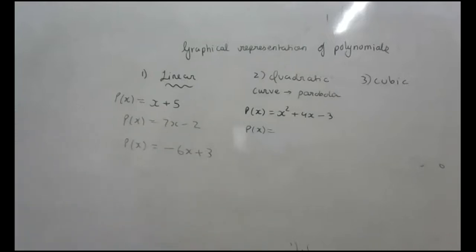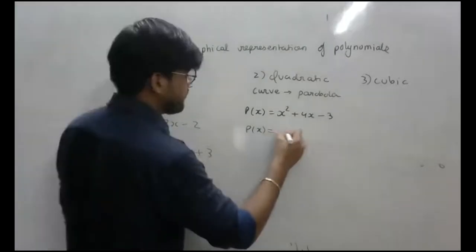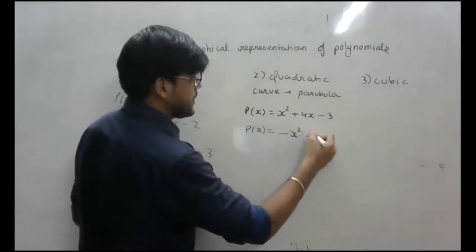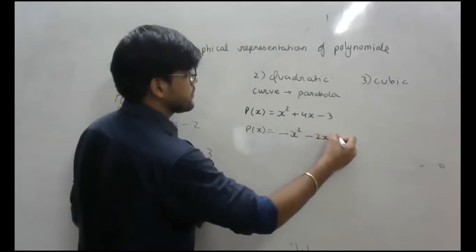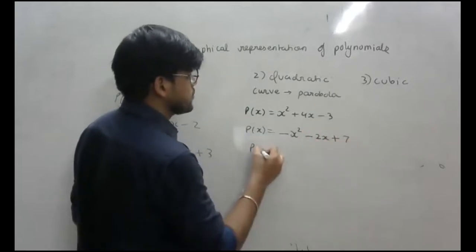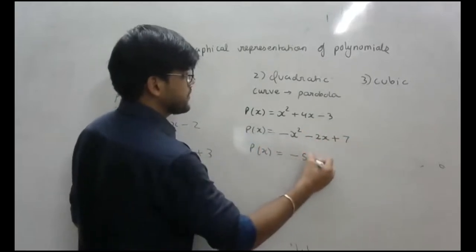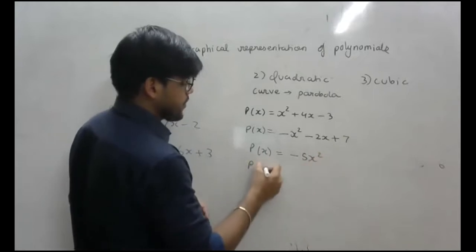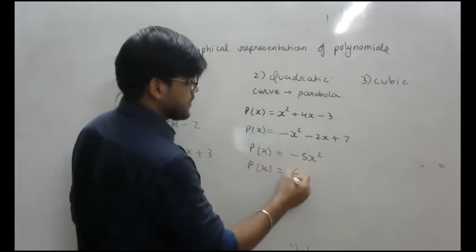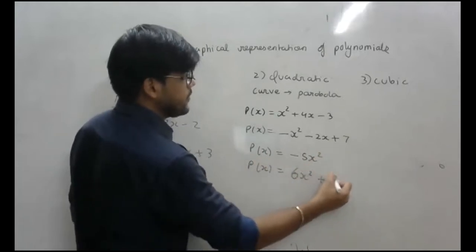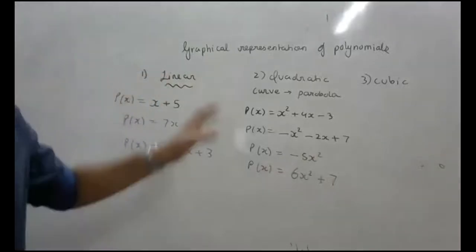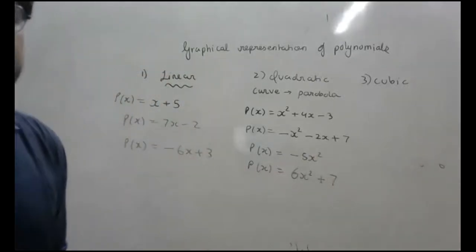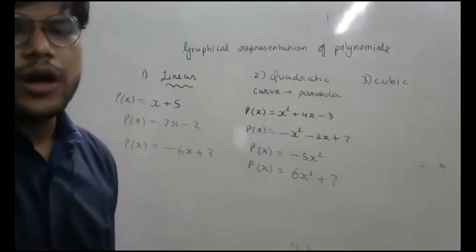We can have minus x squared minus 3x plus 7. We may also have just minus 5x squared, nothing else. We may have 6x squared plus 7, no x term. All of them are quadratic polynomials. I'll show you how they look on the graph.